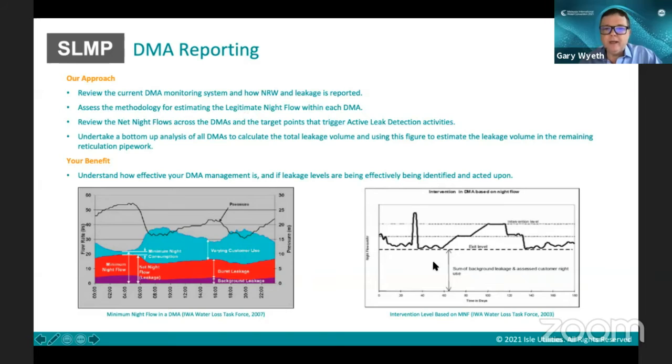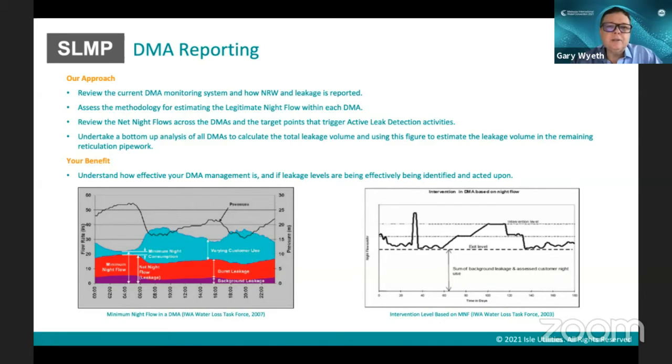With these softwares, we can actually have target levels, intervention target levels. So these target levels are a net night flow level that when it reaches that level, it creates an event, which means that it tells the operator that they need to go and start to do active leak detection.